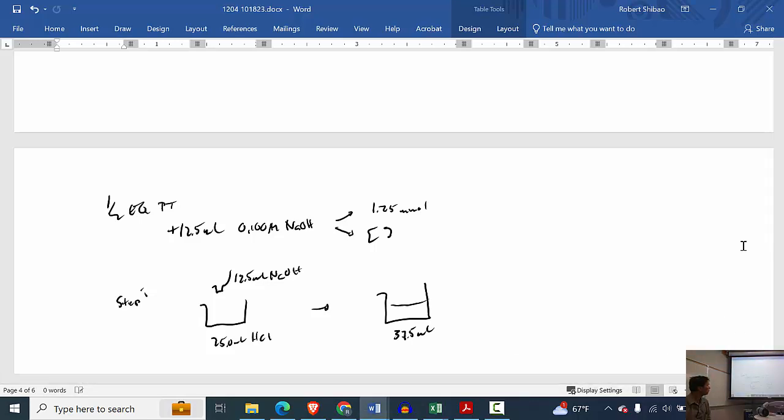For the HCl, we would look at the dilution here, which I think we already did: 25.0 over 37.5 of 0.100 molar. That came out to what was it, just repeating sixes.